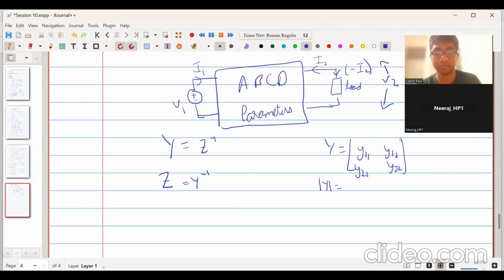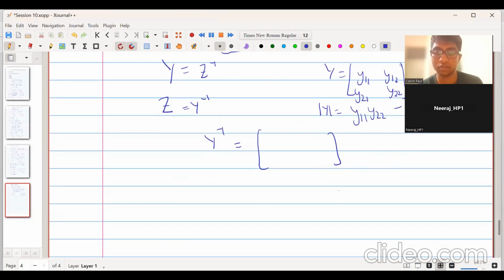Yeah, this is the correct one: y11 into y22 minus y21 into y12. So can you tell me what will be the matrix y inverse? This will be divided by the magnitude of y, that is y11 into y22 minus y21 into y12.